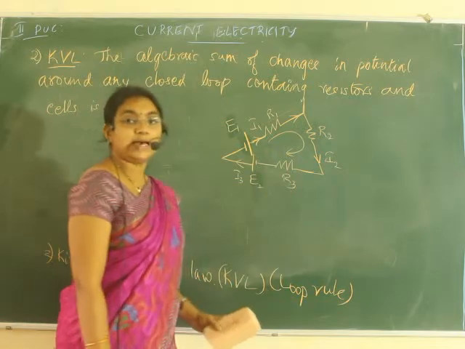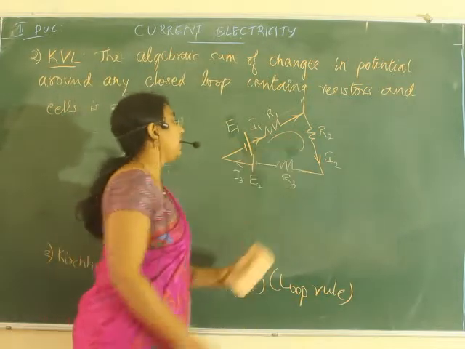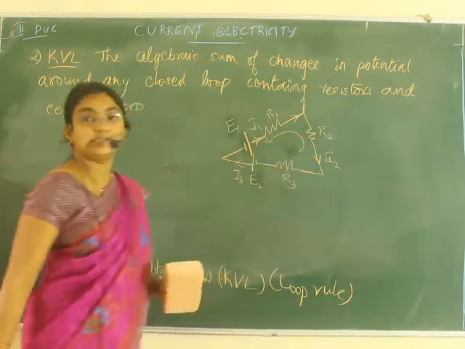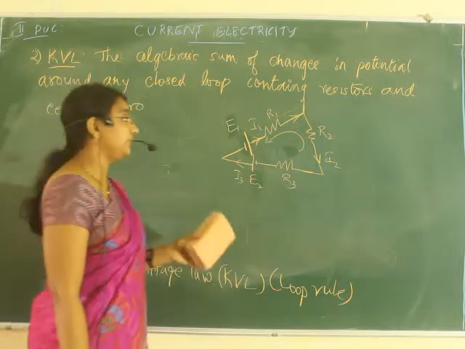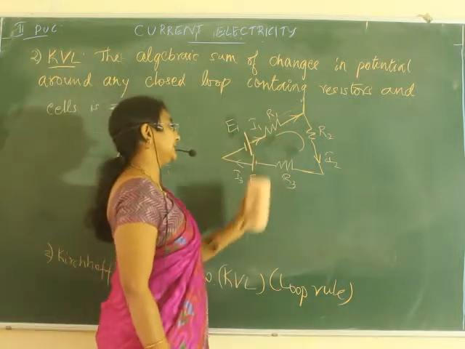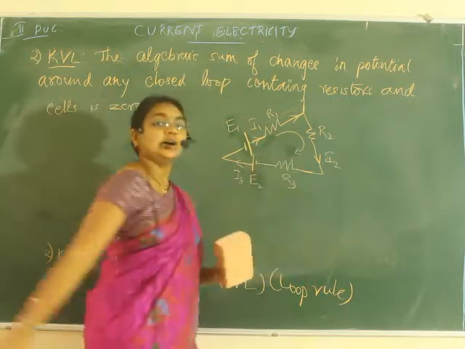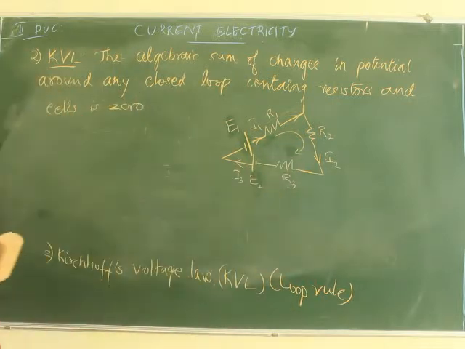Either you can draw the arrow like this, or like this. It's your wish. But most of the time when we solve problems, we'll always take the clockwise direction. Okay, clockwise. Fine.